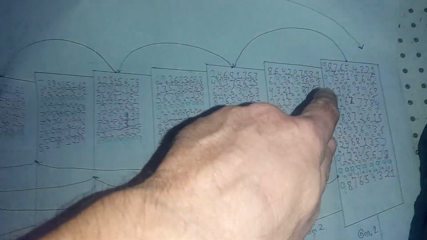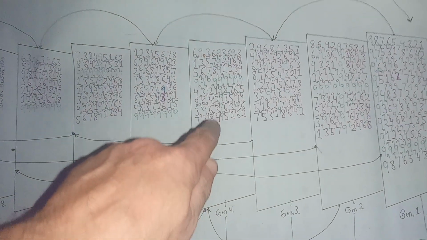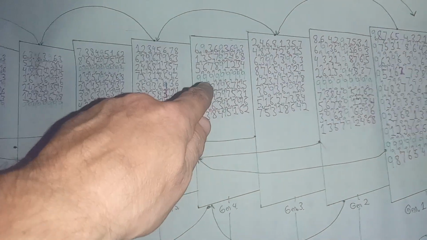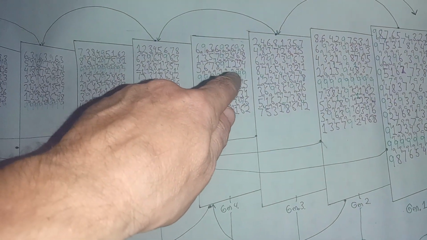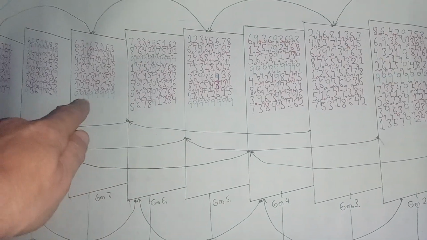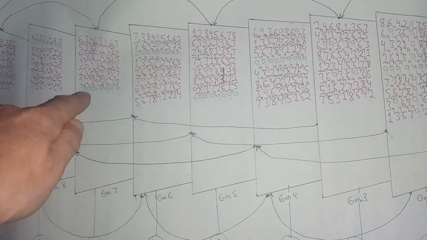Same thing, 1, 2, 3, 4, 5, 6. In this generation, you start with 5, 6, 7, 8, 9, 1, 2, 3, 4. And then in this generation, you start with 1, 2, 3, 4, 5, 6, 7.